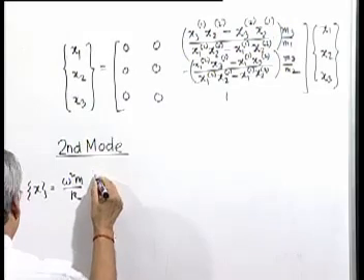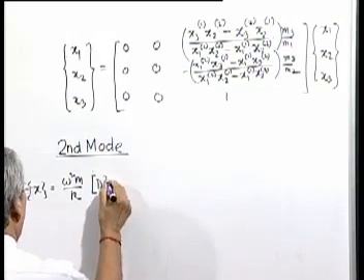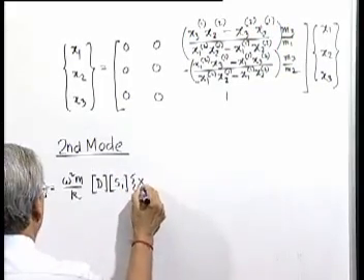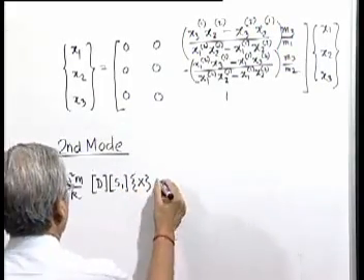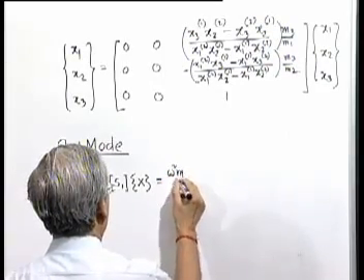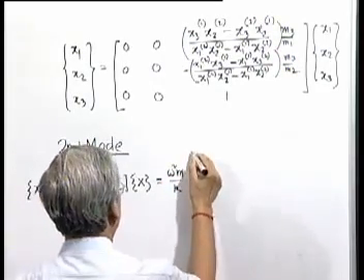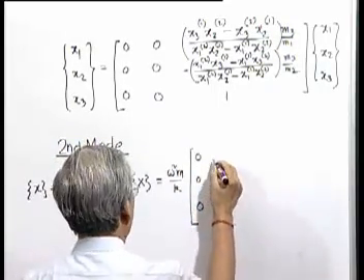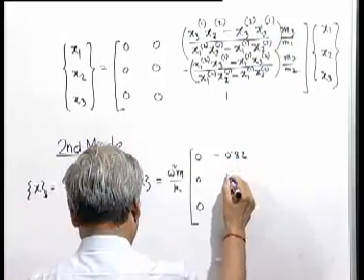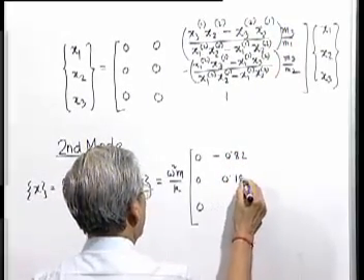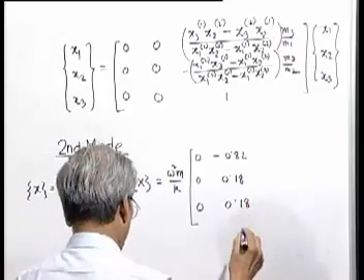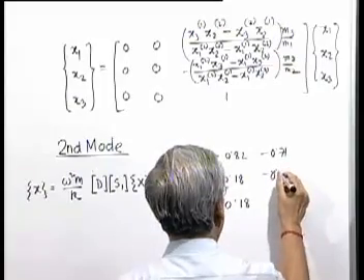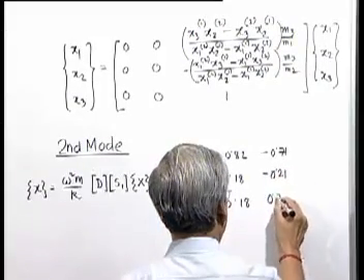Here is the D matrix and sweeping matrix for first mode into x, and this becomes omega square m by k, in this case 0, 0, 0, minus 0.82, 0.18, 0.18, minus 0.71, minus 0.21, 0.79.